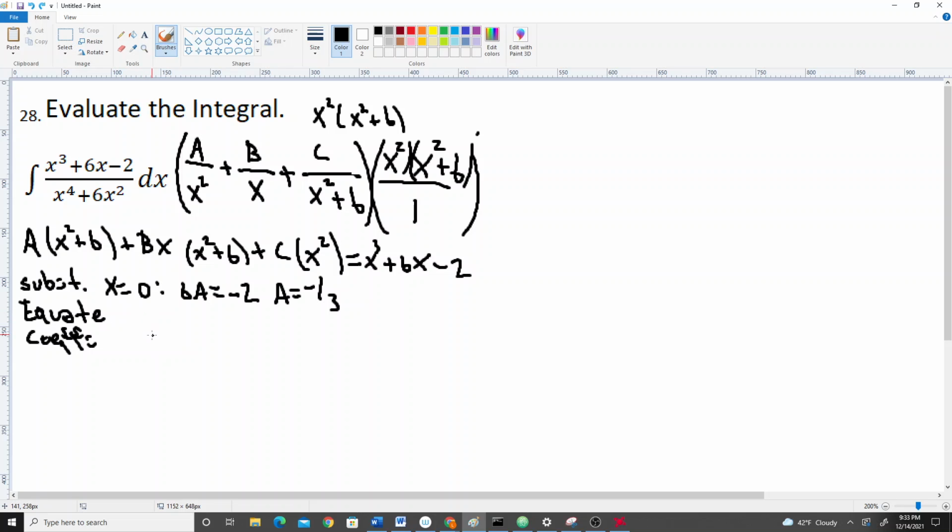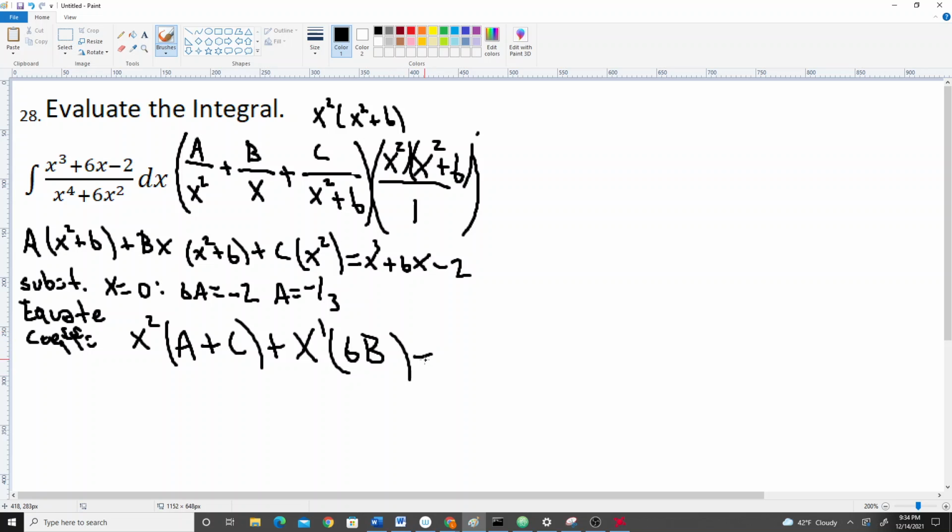Alright, equate coefficients. So if I factor out all the x squareds, I'm going to have x squared times a plus c. And then for x to the first power, it looks like I'll just have 6b.